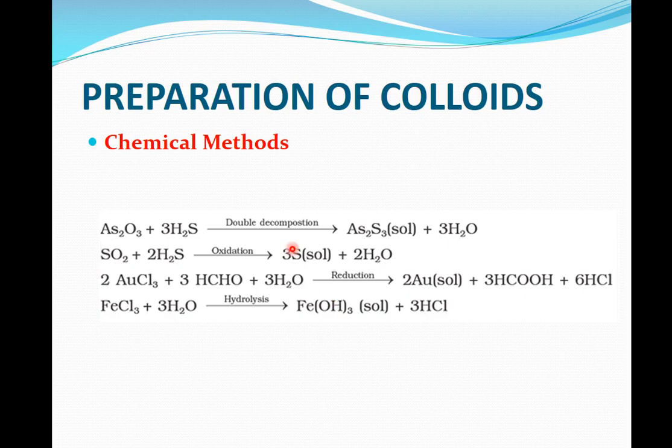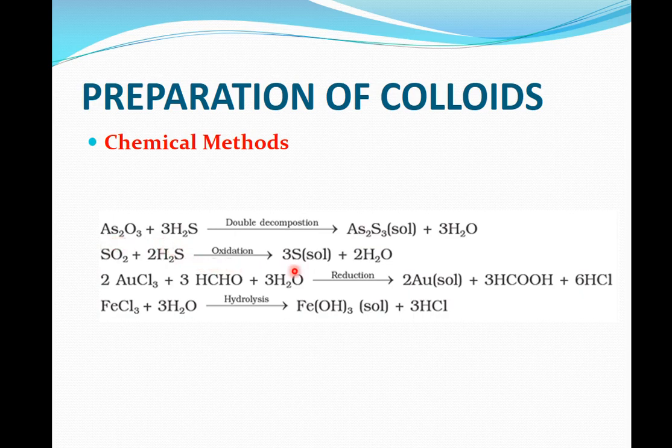Now, let us start with preparation of colloids. There are certain methods for its preparation and the first is the chemical method. Colloidal solutions can be prepared by double decomposition, oxidation, reduction or hydrolysis. In double decomposition, arsenic sulfide sol is prepared by the action of H2S on arsenic oxide.